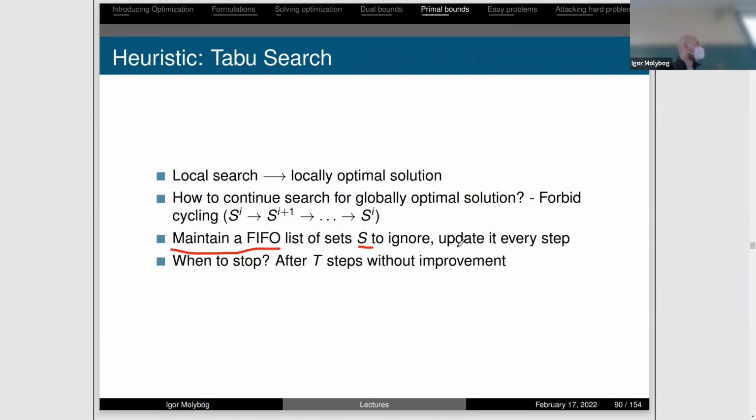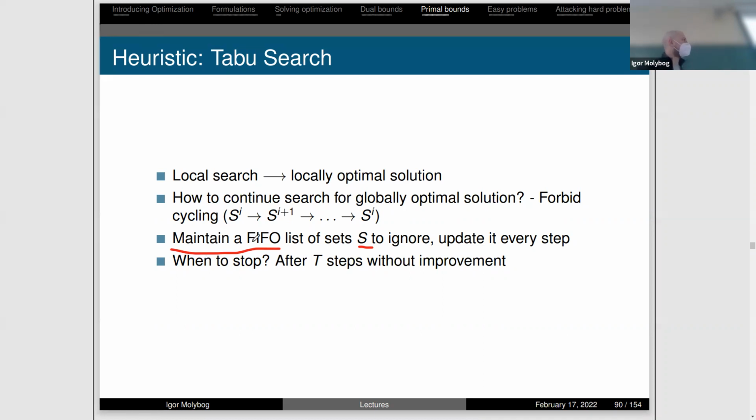Obviously, if your list consists of just 2 sets, it's probably not enough. It's been studied that there's a magic number like 7 that gives you a very good bound on the size of the list that you need to maintain in order to converge to a good solution.